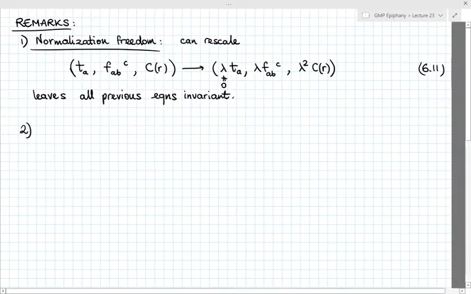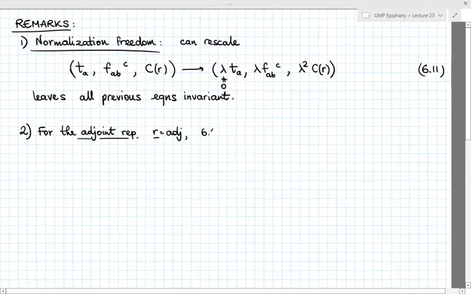The second comment is that for the adjoint representation, which you have seen in the first term, I'll remind you what it is later today, equation 6.10, which involved the quadratic invariant, defines the so-called Killing form, which is a symmetric bilinear form on the Lie algebra.